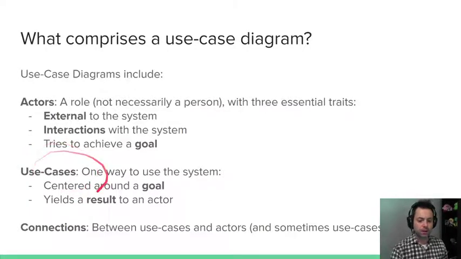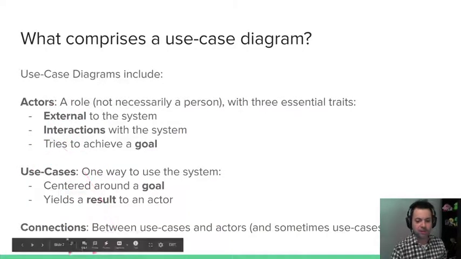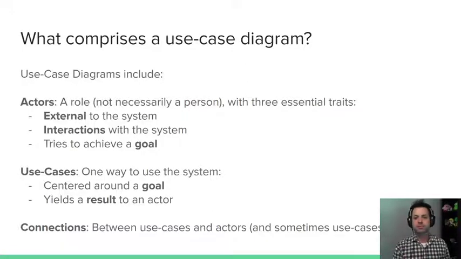All right, so bubbles, stick figures, and then connections, also known as relationships. These are going to be your lines between actors and use cases, or even between use case and use case, right? We can include functionality or extend functionality or generalize, your object-oriented paradigms that you hopefully remember from Intro to Java. We can bring that in here as well.